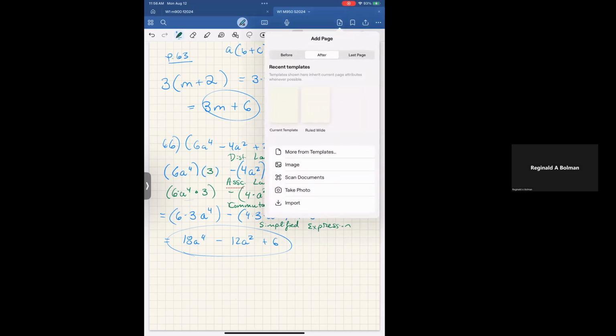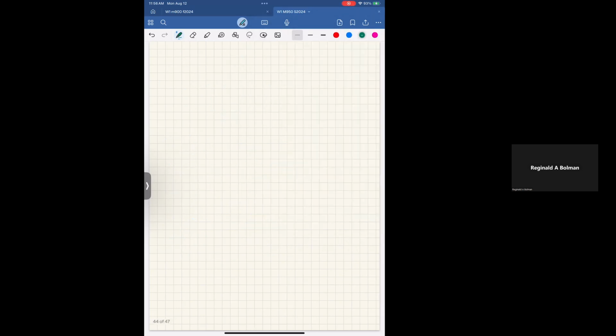Okay, so let's do a combine like terms problem statement. Let's look at problem 76. It says basically to use combining like terms to simplify an expression. And the expression that it gives you is x plus 2y plus 5x plus 7y.